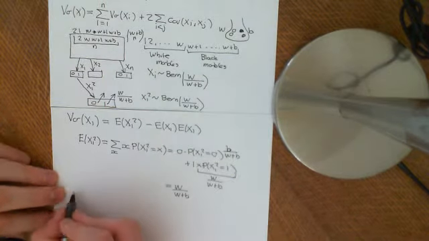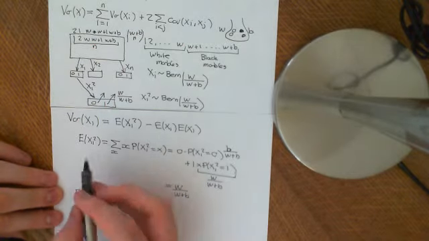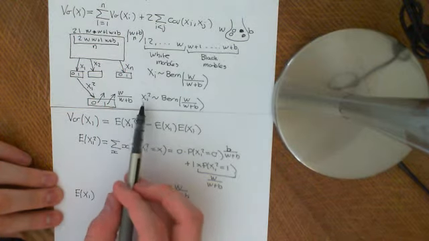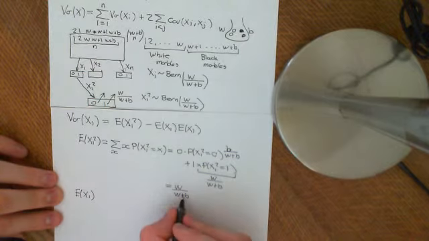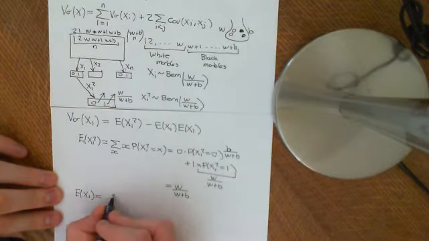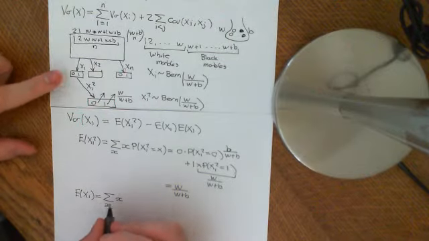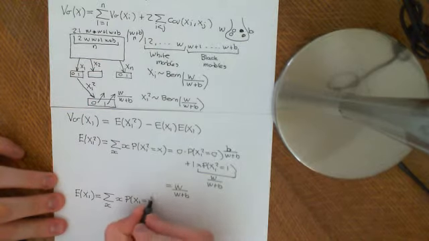Now let's calculate the expected value of x1. Well, it's exactly the same computation, because x1 squared is distributed identically to x1 itself. So if we want to calculate the expected value of x1, it's going to be the sum over all possible values that x1 can take on, which is again 0 and 1, times the probability that x1 is equal to that value.